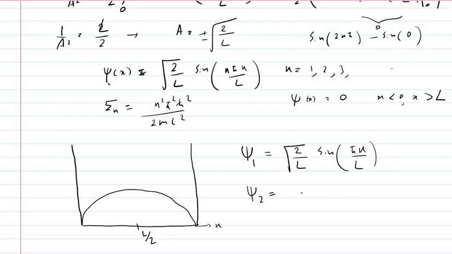The first excited state will be the square root of 2 over L times sine 2 pi x over L, and that wave function will look like this. And it has a maximum at L over 4 and a minimum at 3L over 4.